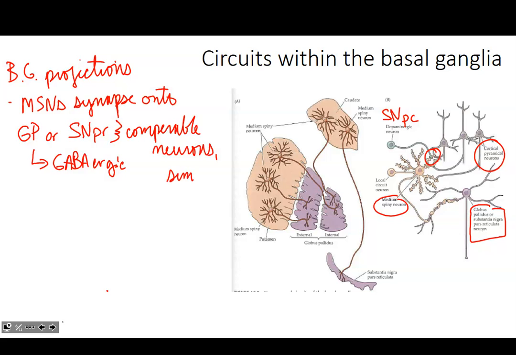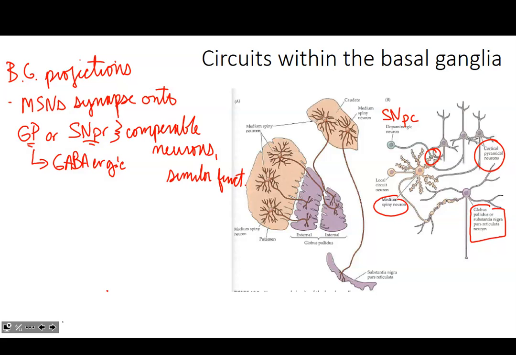However, the part of the body that's controlled is different. The SNPR is going to modulate activity of the eyes. The GP is going to modulate activity more in the limbs and the trunk. So we're going to focus on the globus pallidus much more.